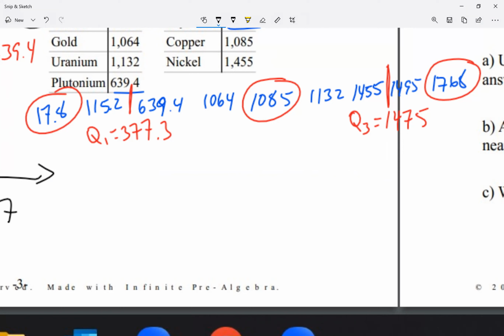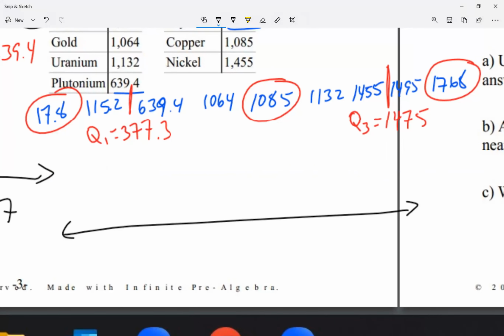On my number line, I have to identify where 17.8 is, because that's my smallest number. I have to identify where 377.3 is. It's more than 200, less than 400. You will have to approximate.